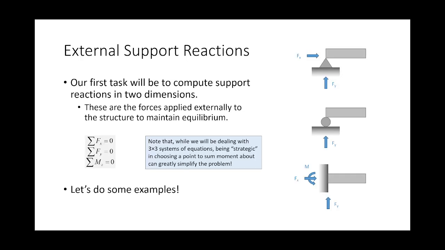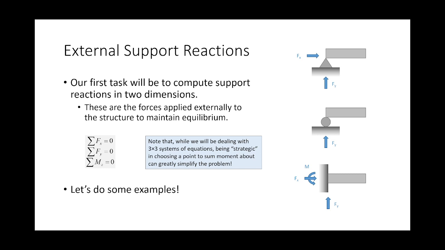All right. So here's a summary of some of the boundary conditions that we're going to be dealing with. And our first task is going to be to determine external support reactions. So we're going to be looking at systems with 3 equations and 3 unknowns, okay? And I'm going to make a few comments about that in a little bit.